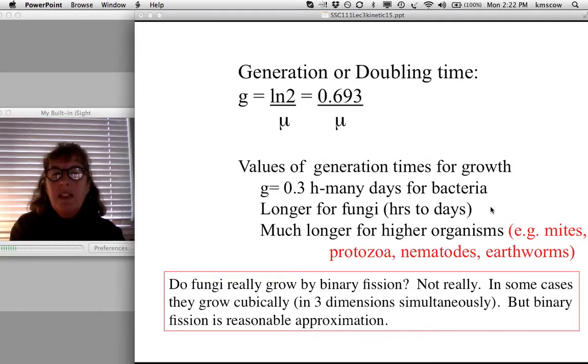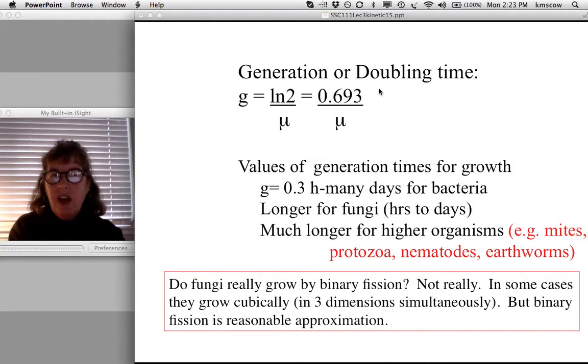But it can be much slower for other bacteria like nitrifiers or some of the pollutant degraders. Anaerobic organisms are going to be much slower. Fungi, if you want to apply these kinds of kinetics to fungi, are going to be much, much slower than most bacteria. And then the mites and the higher organisms, the fauna, are going to be much slower again for this generation time.